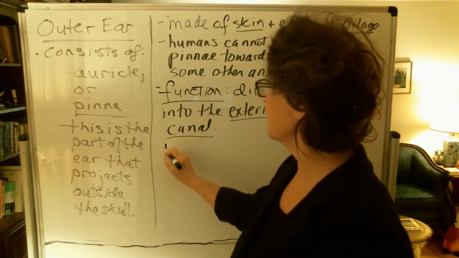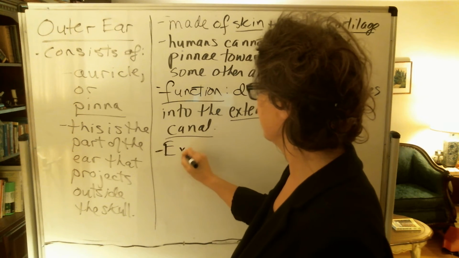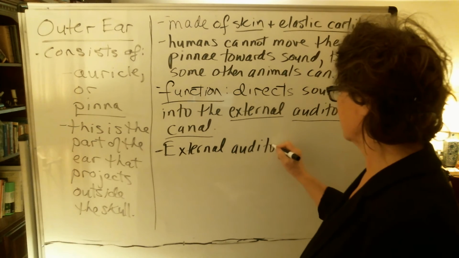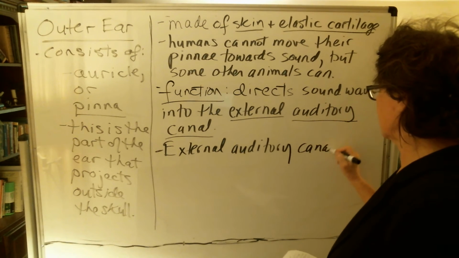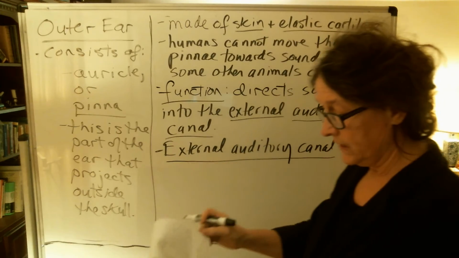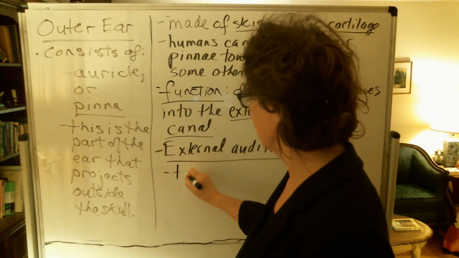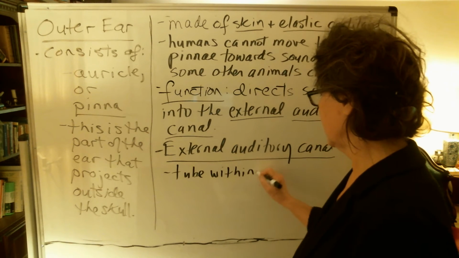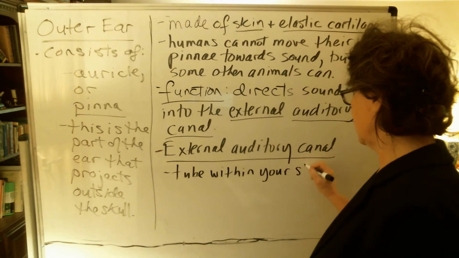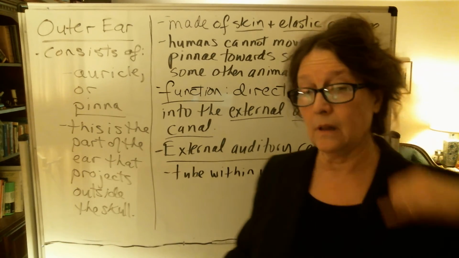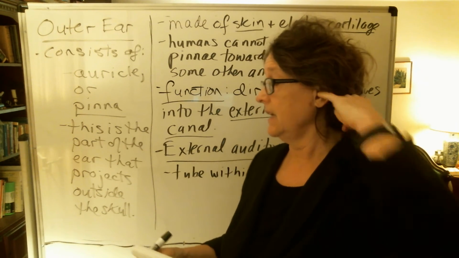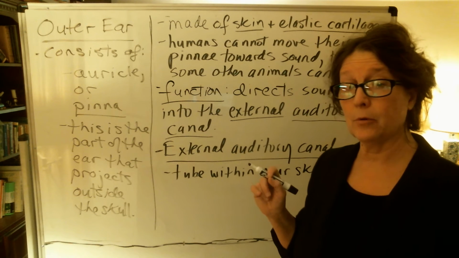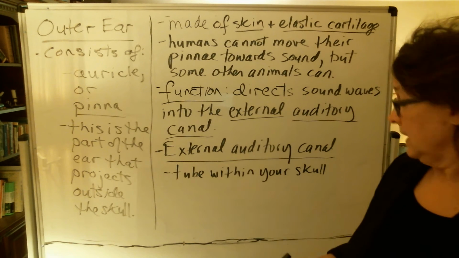So now we can talk about the external auditory canal. So the external auditory canal then is the tube within your skull, basically this here. You learned about it when you were studying the skull. I hope you remember the external auditory meatus. Here we are.